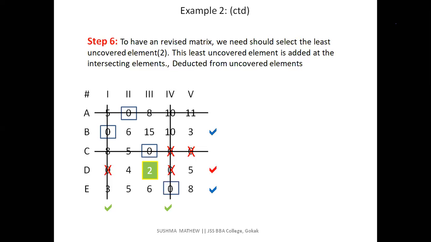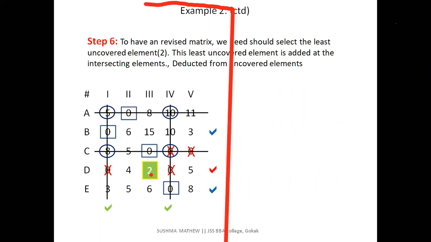Now I am just highlighting it. Can you see that green? That is highlighted so that you all can understand that it is the least uncovered element. Now what do I have to do? The rest of the uncovered elements 6, 15, 3, we have to subtract. That is 6 minus 2, 15 minus 2, 3 minus 2, 4 minus 2.